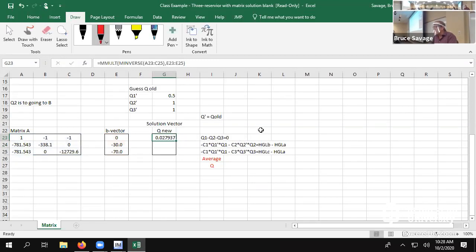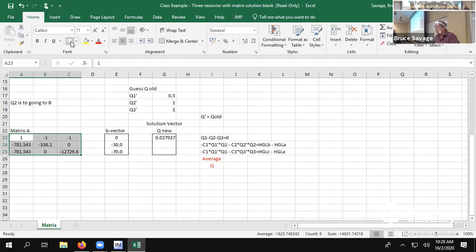So array 1, array A, is what again? Array A is my inverse. What is that? It's this matrix over here. This is my A matrix that I have highlighted. That's the A inverse?